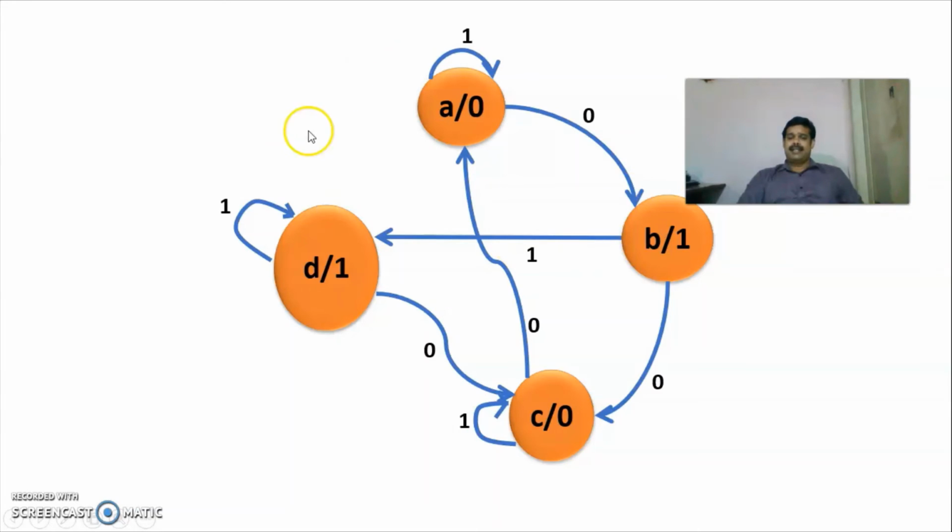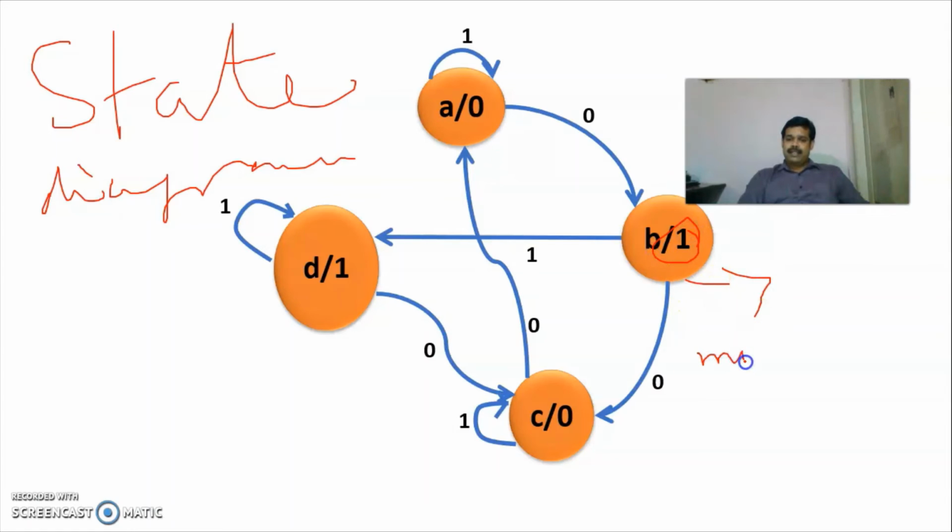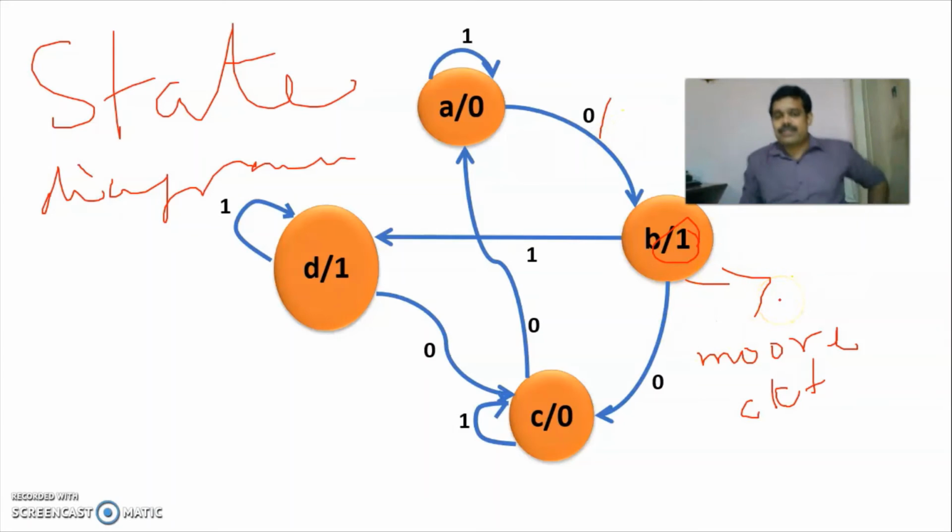We have written the output inside the state circle because this is a Moore circuit. If it is a Mealy circuit, you have to put a dash here and write the output along the transition.